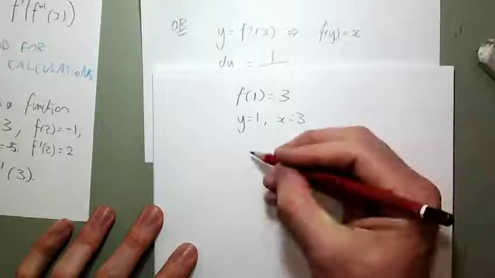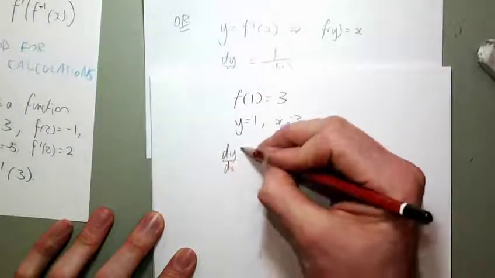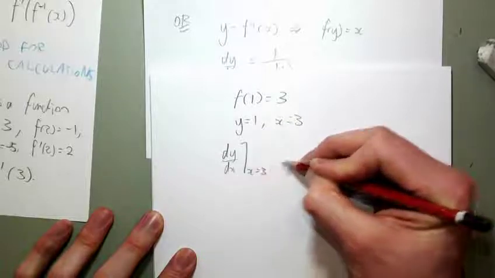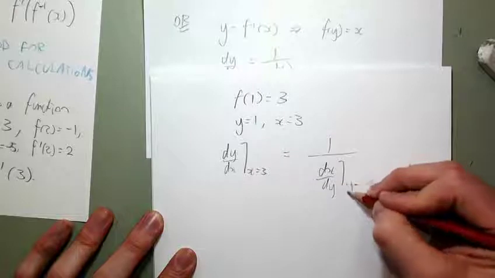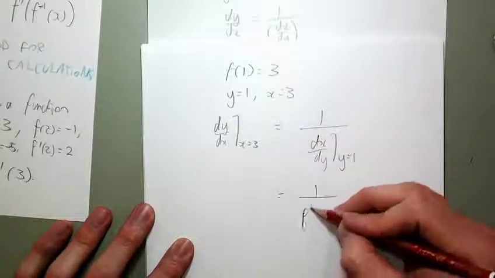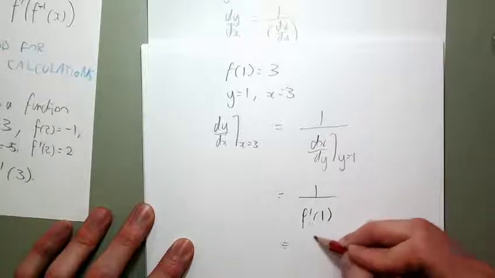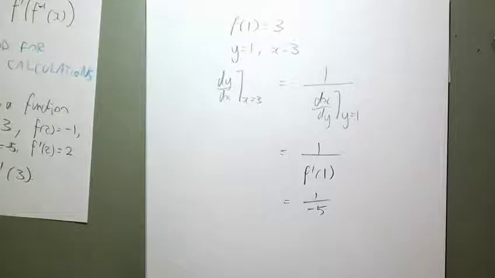And so I have dy on dx when x is equal to 3 is 1 on dx on dy when y is equal to 1. But dx on dy is f dashed 1, which is minus 5. So that's the other way of going about it.